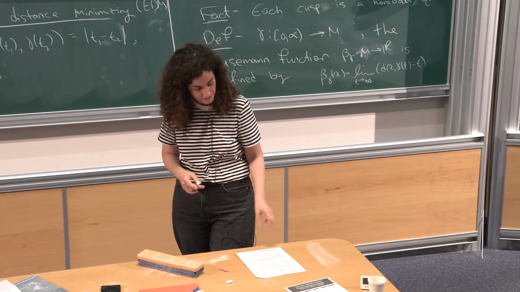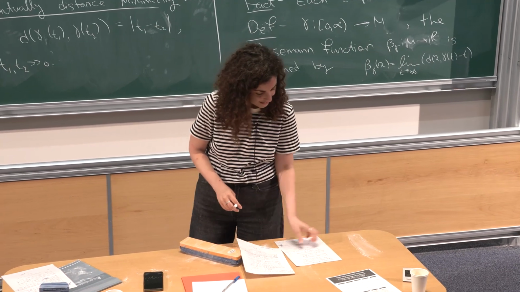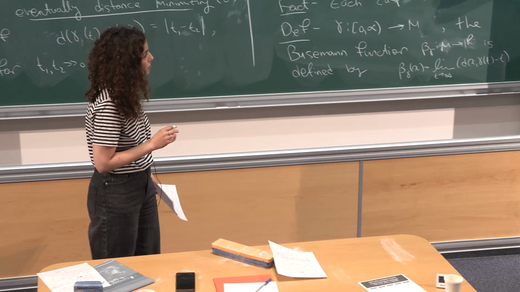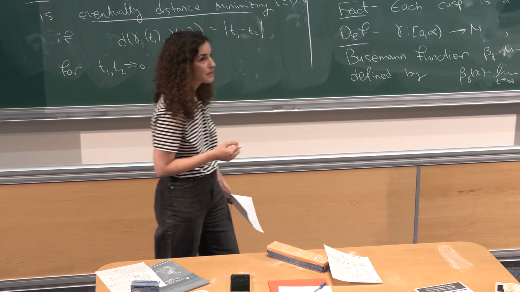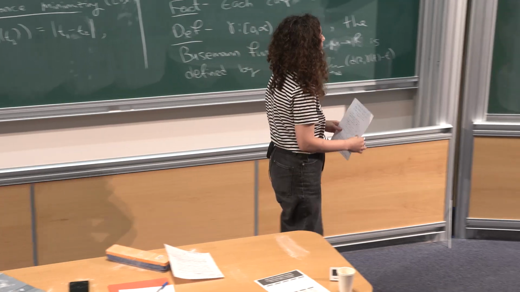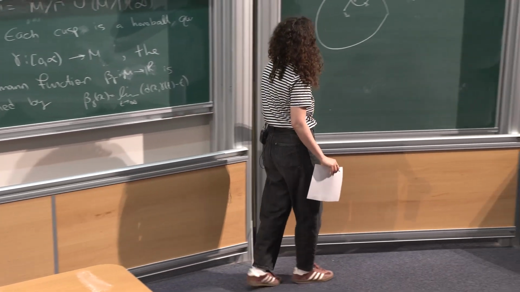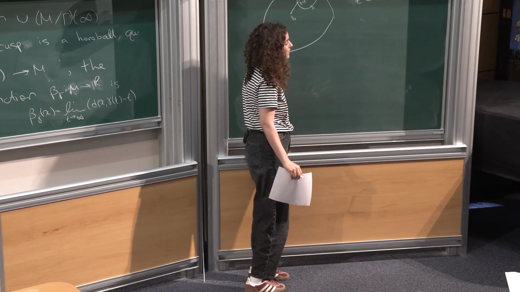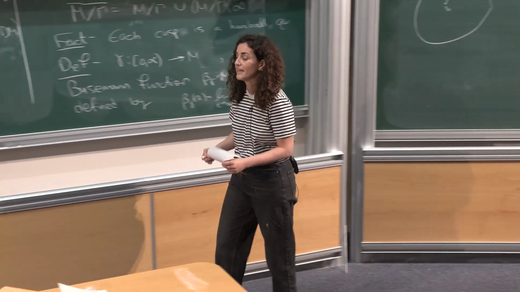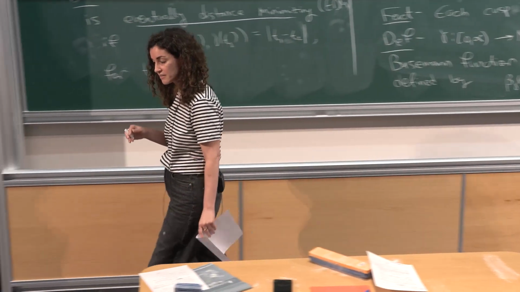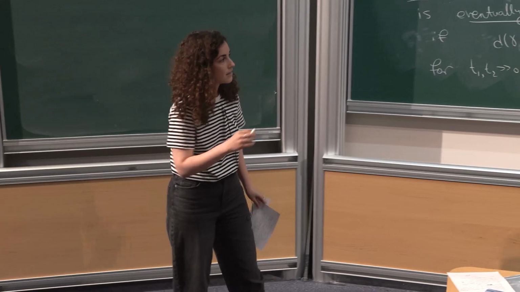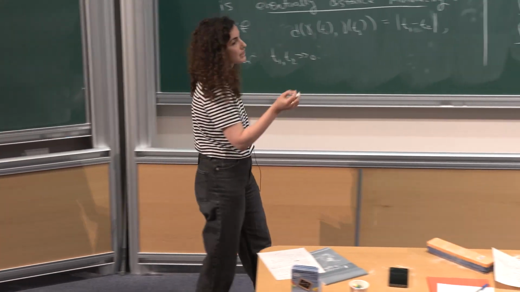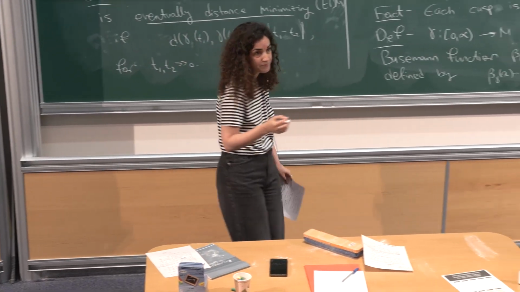And because they come from rational points, I can now have a nice description of what it means to be far into the cusp, an algebraic perspective of that, in terms of the Busemann function.